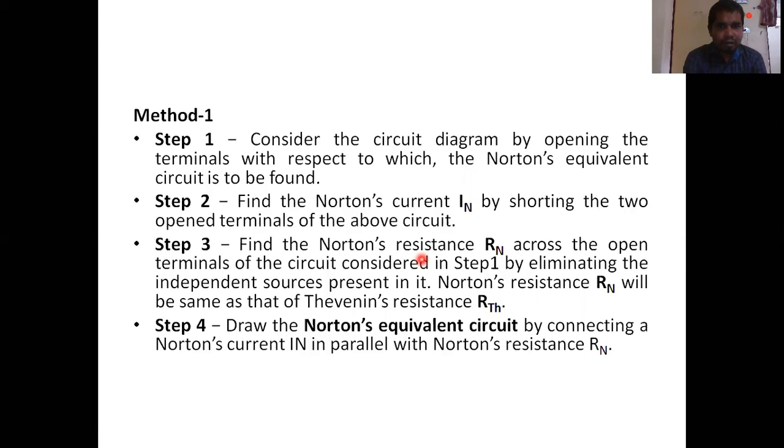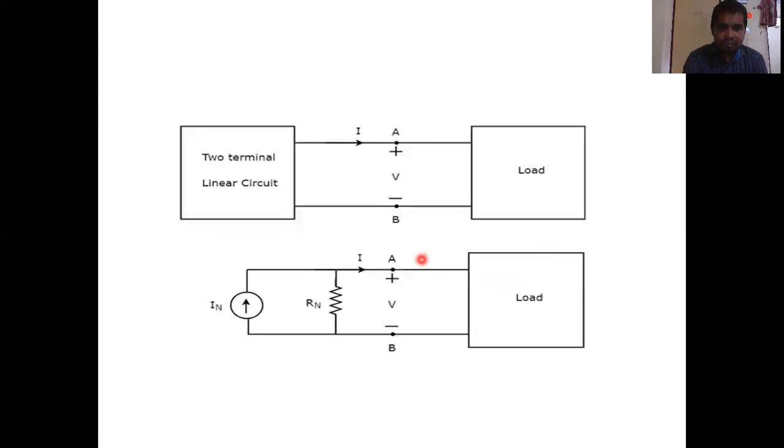Then you substitute the Norton current, the Norton resistance, and the load value. Two parallel branches will come when you complete the circuit, so you can simply apply the current division rule to determine the current.